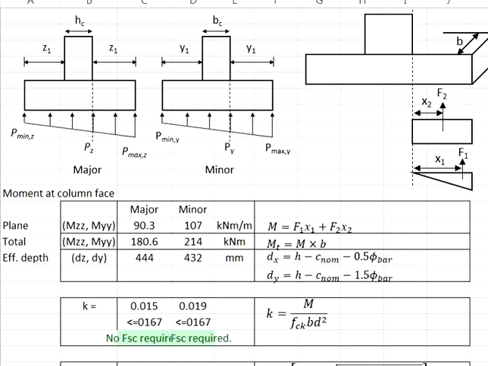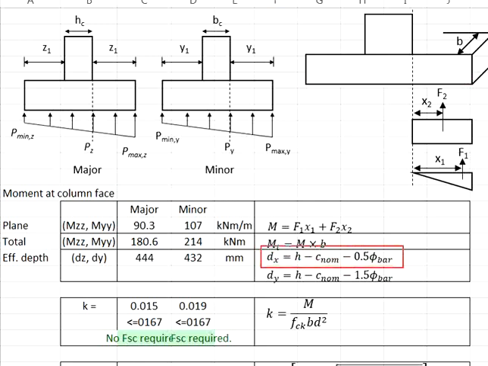And then you will need to calculate the effective depth so that you can design the reinforcement. These are the formulas used to calculate the effective depth. The effective depth is calculated from the top surface of the foundation to the centroid of the reinforcement.